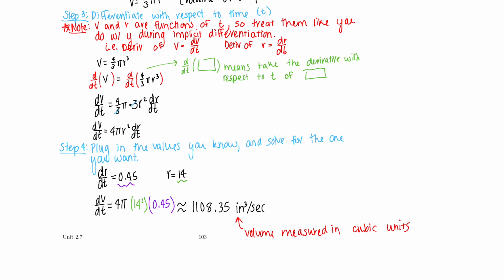Now what you could do with those units if you wanted to, instead you could say that dr/dt is 0.45 inches per second and that the radius was 14 inches. And you could plug it into your dv/dt. So you have 4 pi, and then instead of 14 squared, you do 14 inches squared, and multiply by 0.45 inches per second.